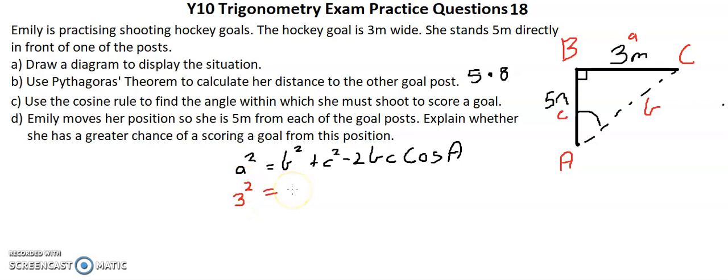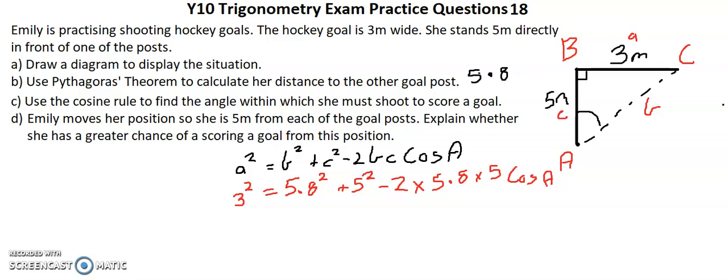Our b side, we already know from what we just did, which is 5.8. So 5.8 squared plus our c, which is 5 squared, minus 2 times our b of 5.8 times our c, which is 5, cosine a.